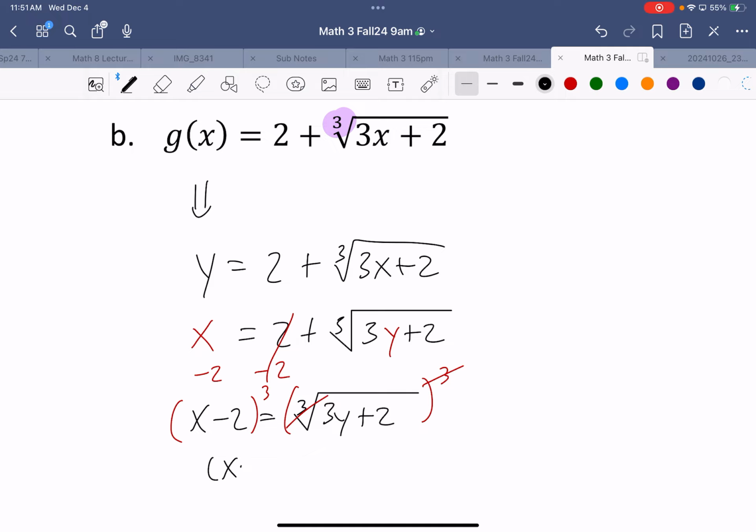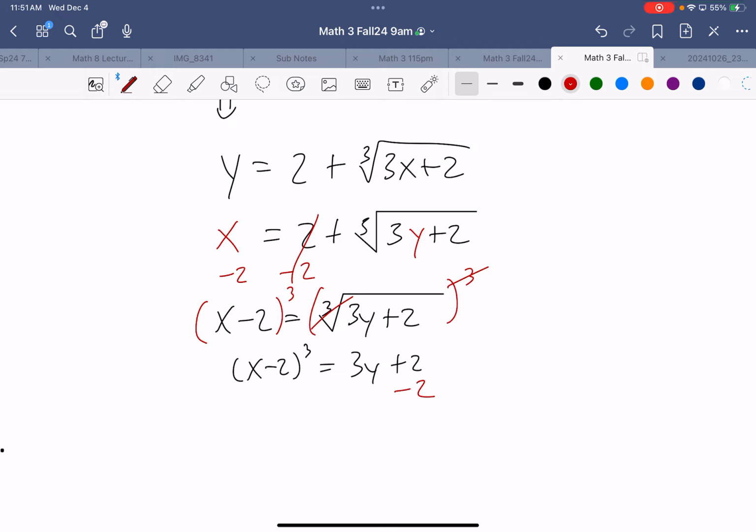That leaves me with x minus 2 cubed is equal to 3y plus 2. I subtract 2 from both sides. And then x minus 2 cubed minus 2 is equal to 3y. And then I divide both sides, the entire side, by 3.